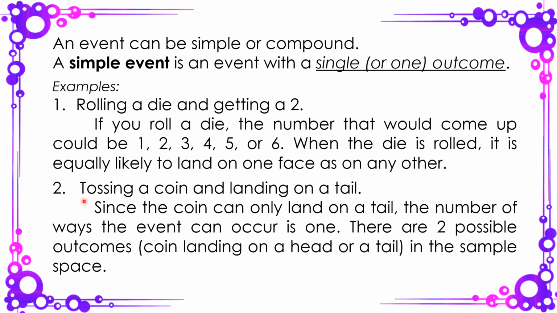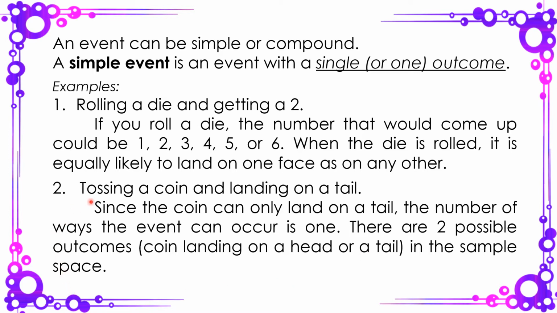Number 2, tossing a coin and landing on a tail. Since the coin can only land on a tail, the number of ways the event can occur is 1. There are 2 possible outcomes: coin landing on a head or a tail in the sample space.